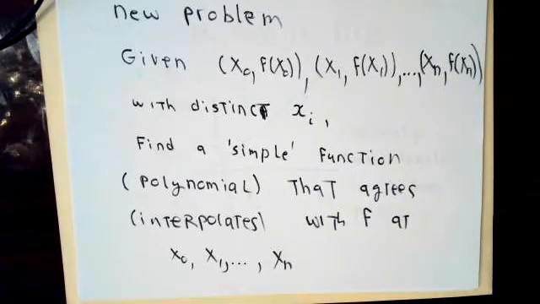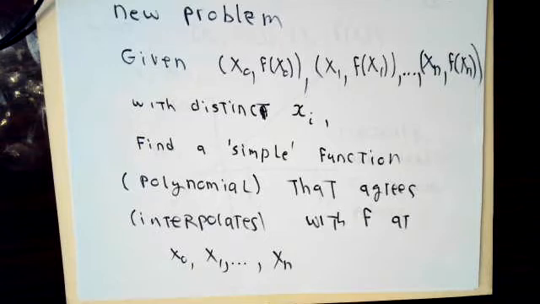Today I want to look at the next problem we'll be considering. Suppose that you're given numbers x0, x1, x2 out to xn, none of which are repeated, and function values to go with them, f of x0 through f of xn.